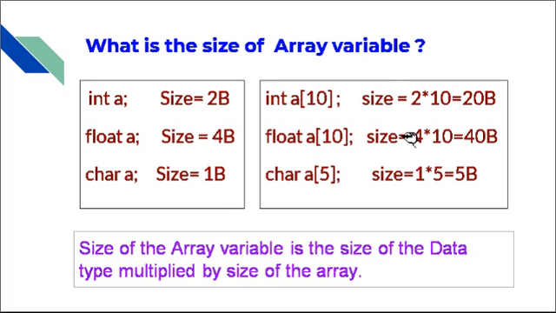There size of the array is 10. Here in case of int A of 10, size of the array is also 10. Okay, like that we can calculate the size of the array variable.